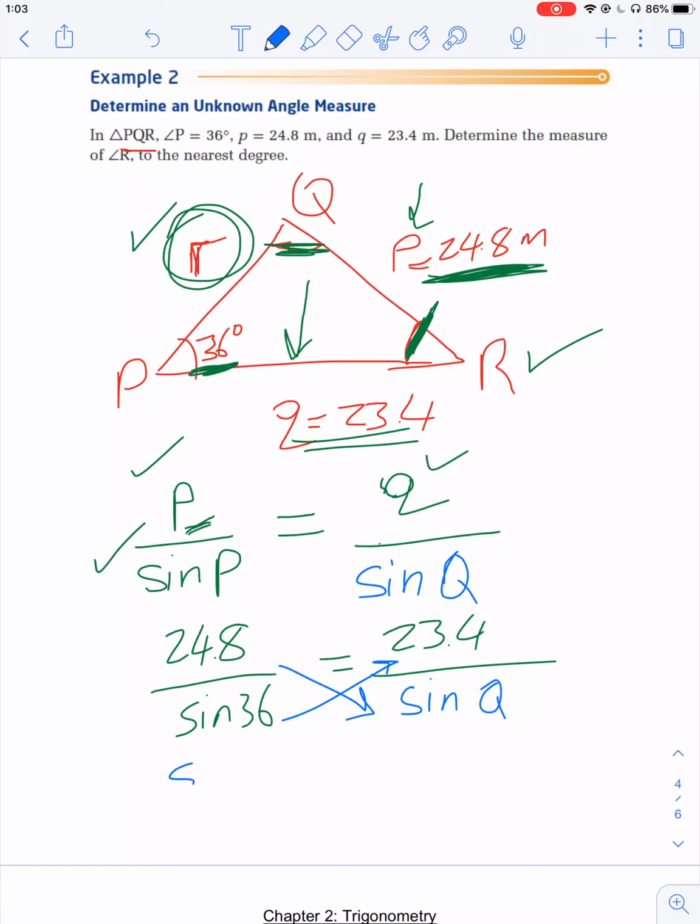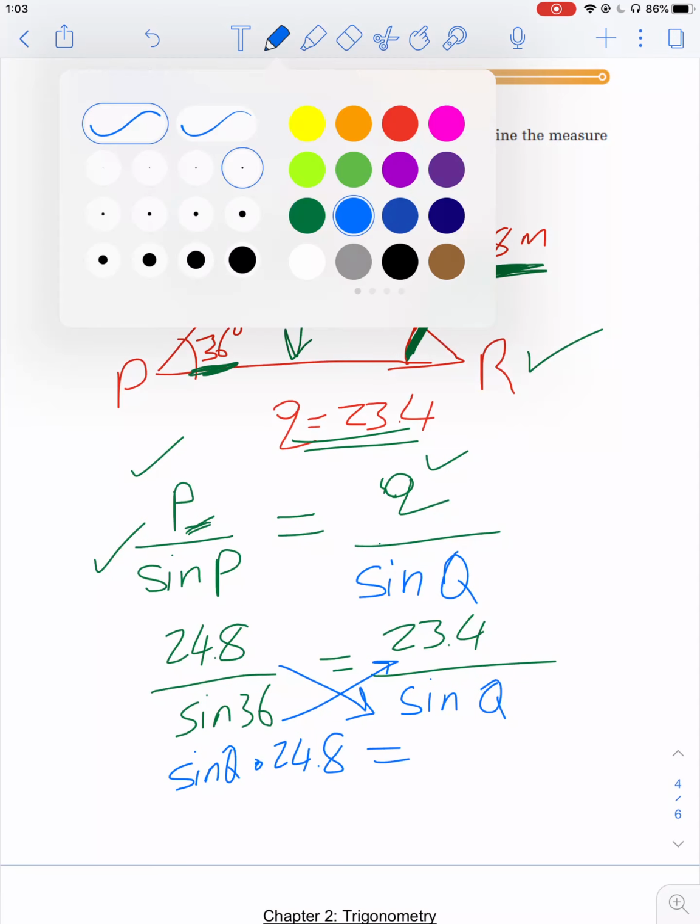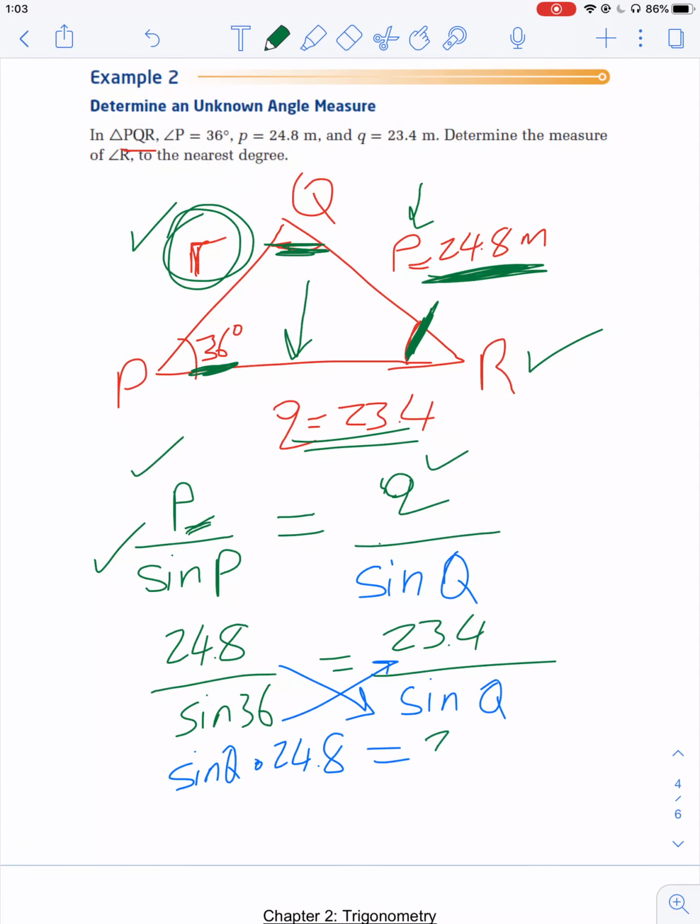So sine of Q times 24.8 is equal to 23.4 times sine of 36, right? My goal is to isolate sine of Q. That means I need to get rid of this 24.8, right? Because it's multiplication, I can get rid of that by dividing.